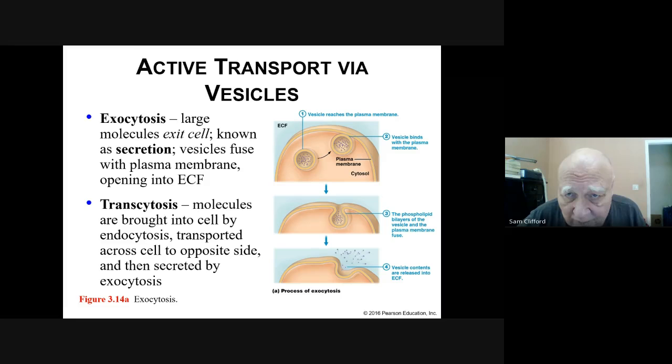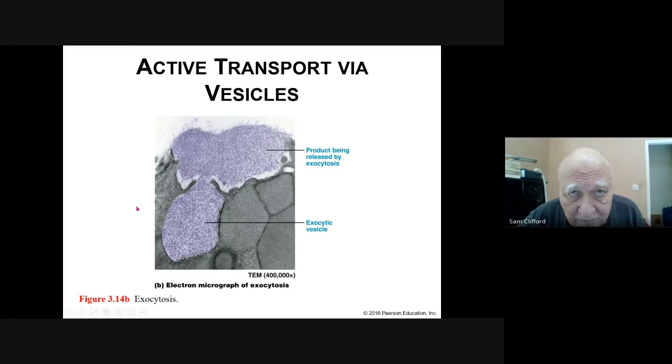Exocytosis is when a cell in the pancreas is going to release insulin, and that's called exocytosis. I'm not worried about transcytosis. So here's an electron microscope image of a substance being released from a cell.